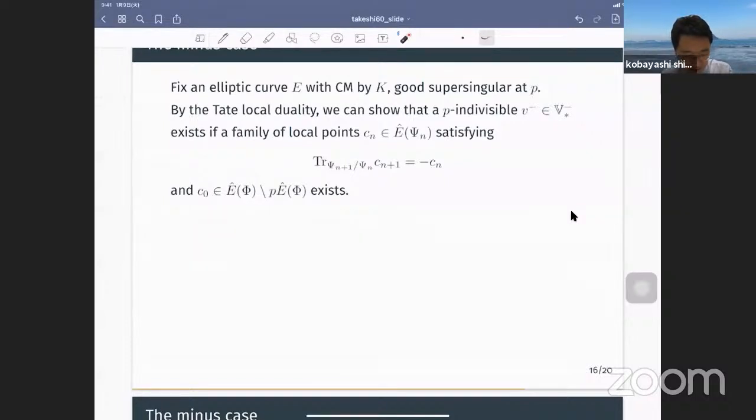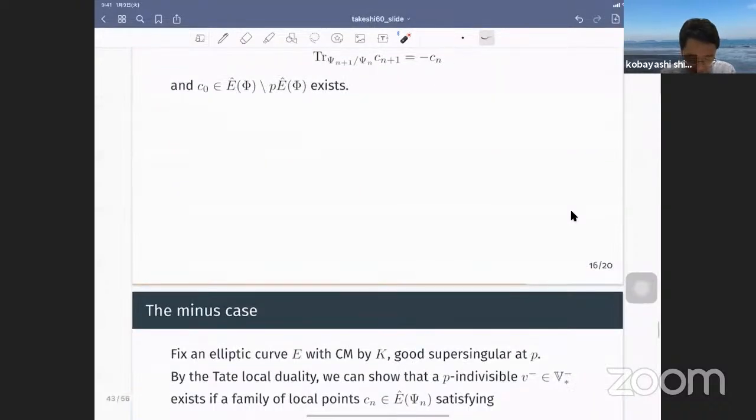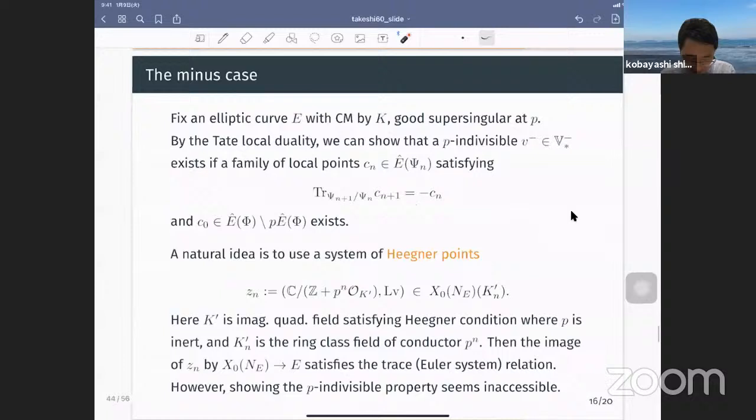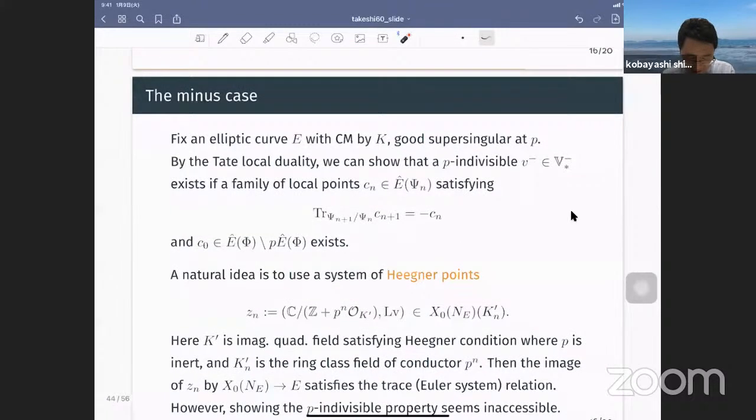And this is a simple calculation. So, in the cyclotomic case, I constructed such a system of local points by using Honda's theory. But as I said before, Honda's theory is almost equivalent to Perrin-Riou theory, and fine.